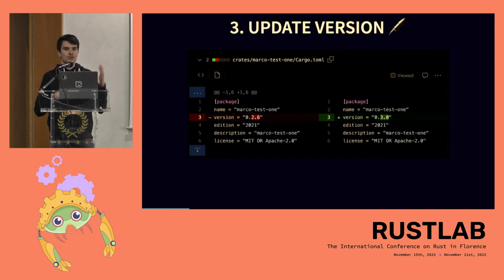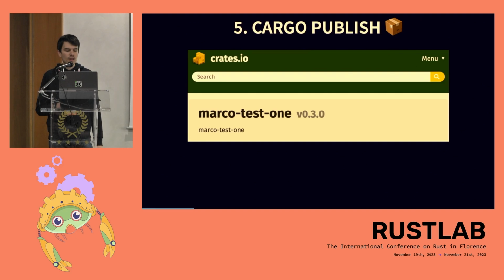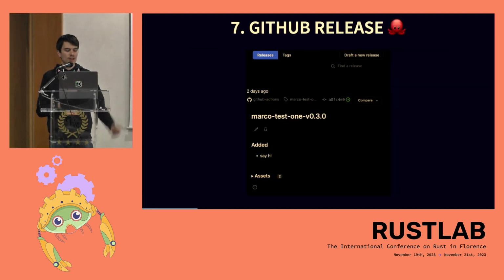So once you have gone through this burden of deciding what's the next version, you need to write it into the Cargo.toml, and this is painful if you have big workspaces. Then you need to update the changelog, and if you're nice, you also put GitHub links that show the exact commit range. Then you need to run Cargo publish to create the Git tag and to create the Git release.